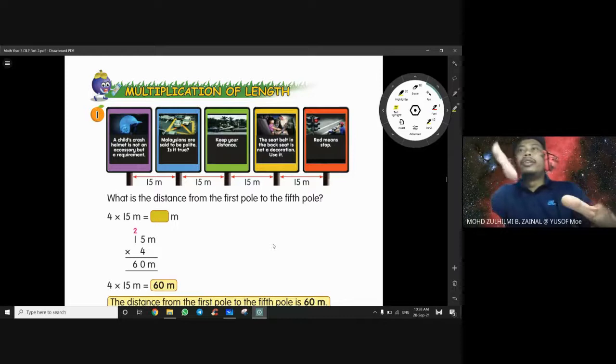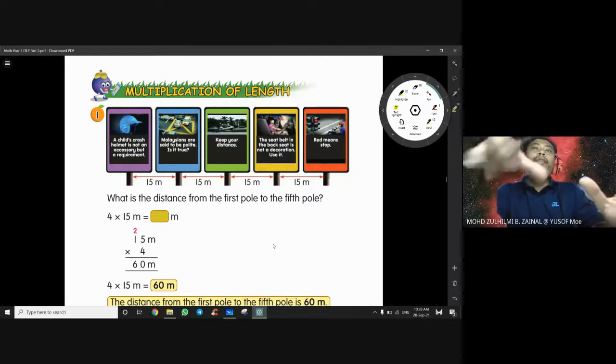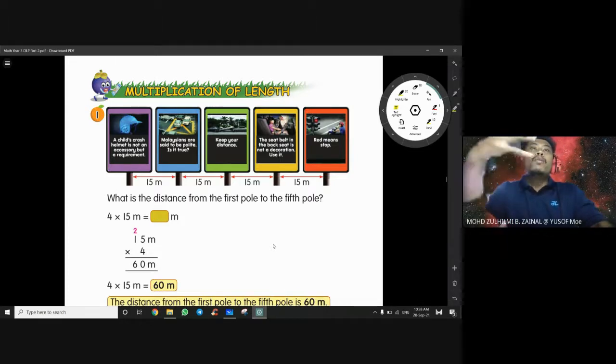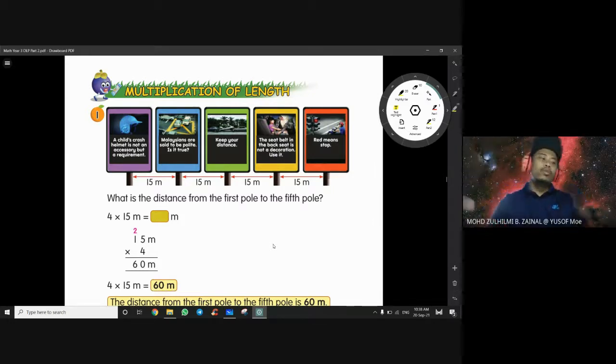Addition or repetitive addition. Dia ulang-ulang. Okay, tambah the same number, the same value. Okay, so this is also the same thing except it only has unit, which is meter tu, length. Okay, so unit dia meter, centimeter and so on.